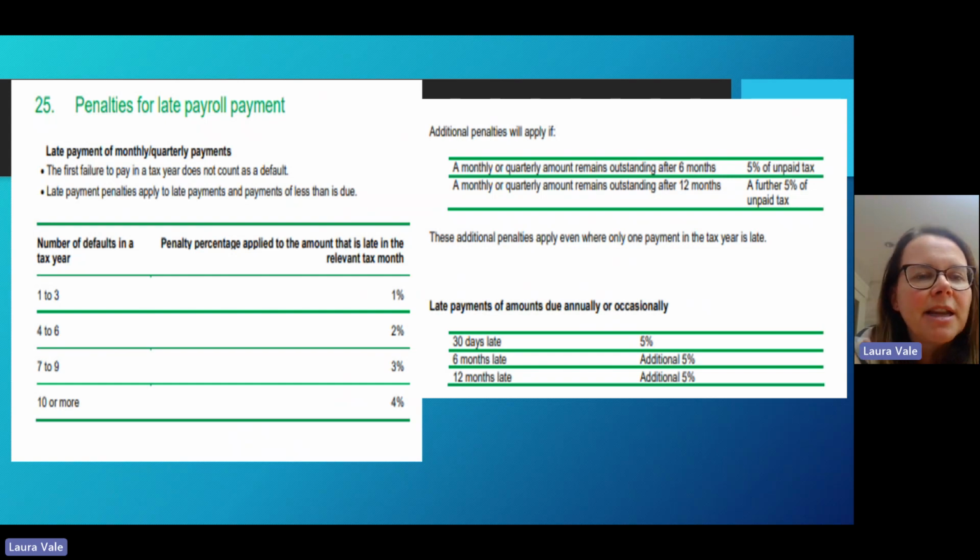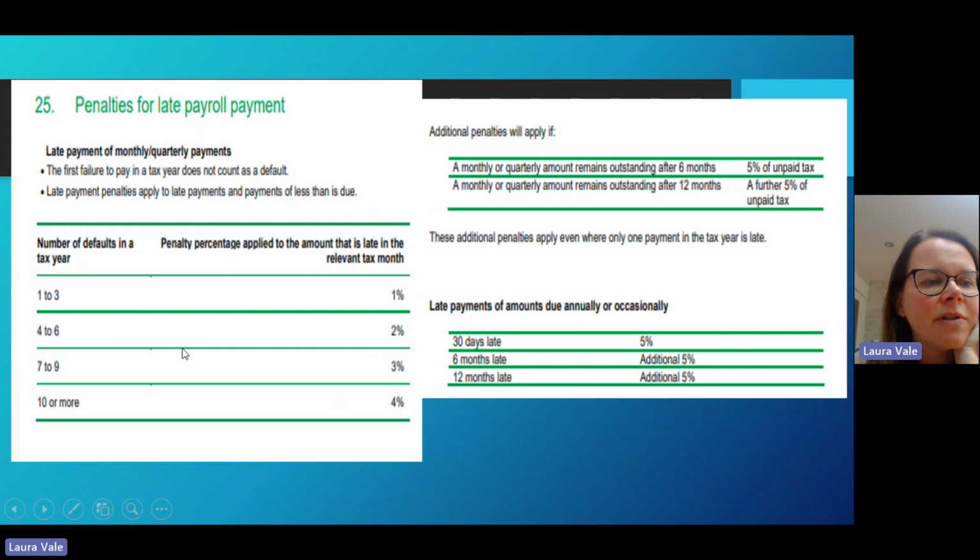Late payment of monthly or quarterly payments. The first failure to pay in a tax year does not count as a default. So that's the same as with the filing. Late payment penalties apply to late payments and payments of less than is due. So even if you pay less, you still get the penalty.